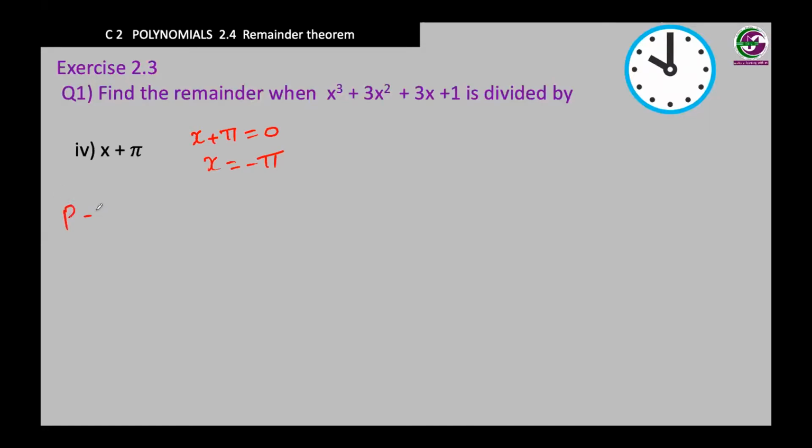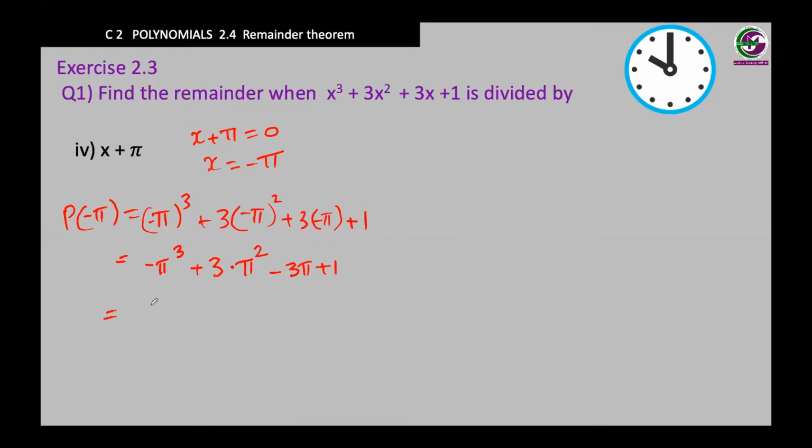So we substitute P of negative pi is equal to negative pi power 3 plus 3 negative pi power 2 plus 3 negative pi plus 1, which is negative pi power 3, because when the power is an odd number, the negative will stay. 3 times pi square only, the negative will vanish because the power is 2, minus 3 pi plus 1. We can simplify this. So this is the final answer, negative pi cubed plus 3 pi square minus 3 pi plus 1. That is the remainder.